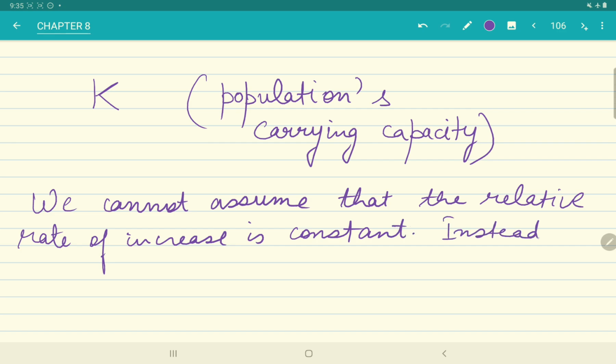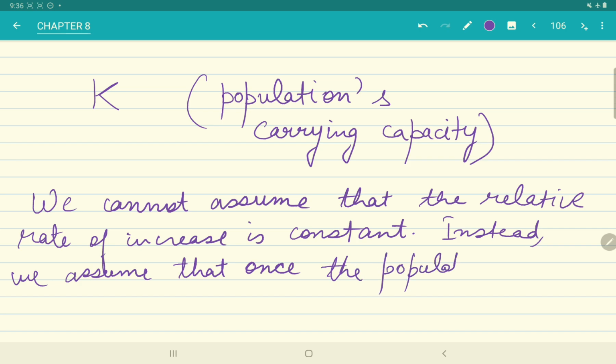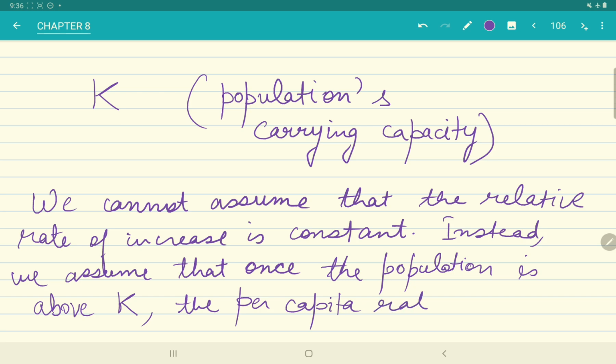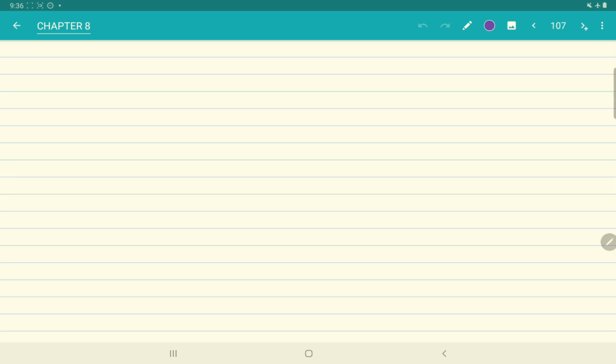Instead, we assume that once the population is above K, and we know what K is, the per capita rate of increase turns negative.